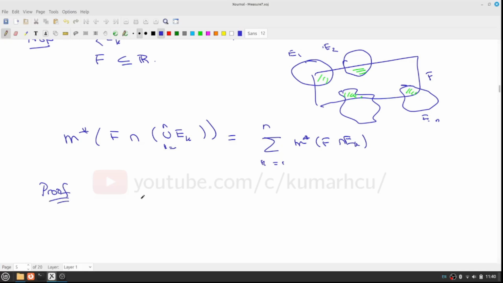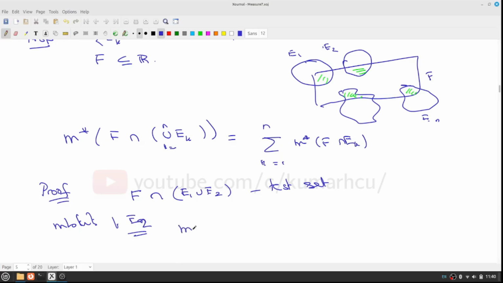So let us start with this. We take our set F intersection E1 union E2. This is our test set, exactly like the last time. Now I will use measurability of E2.